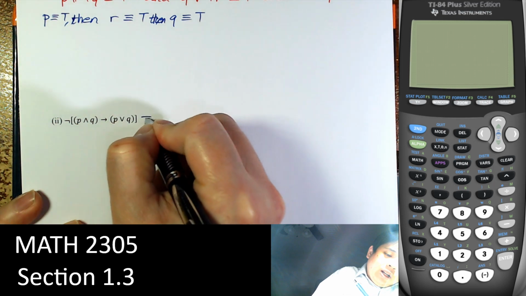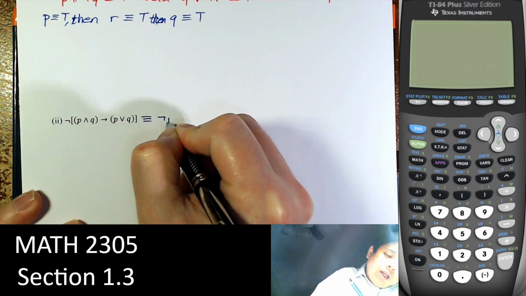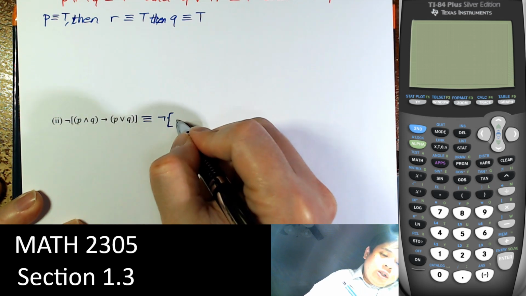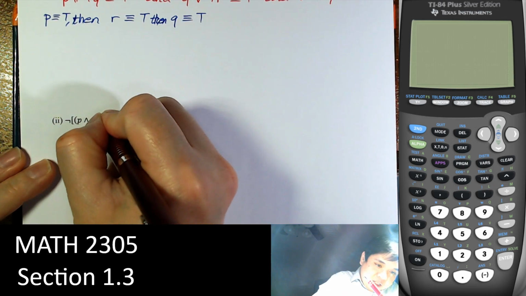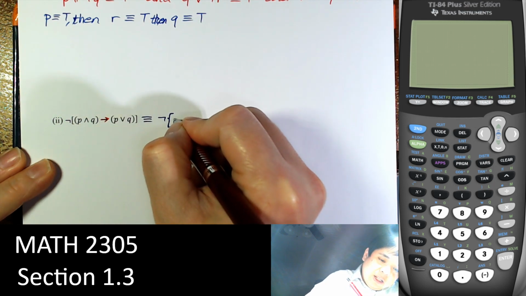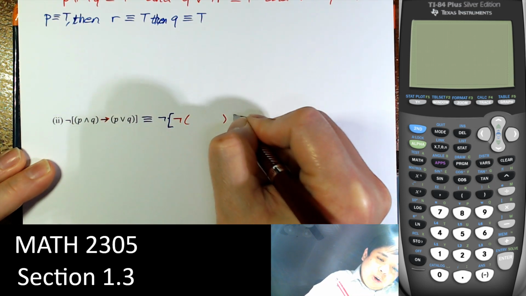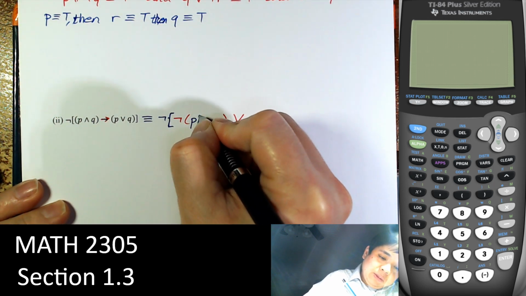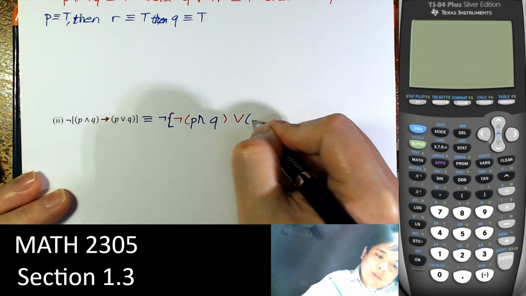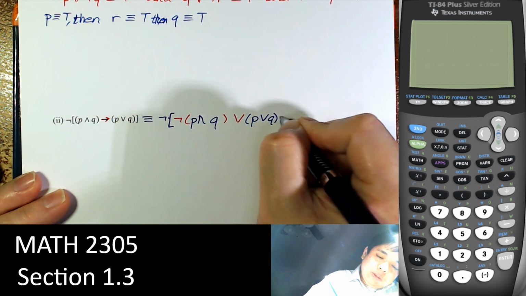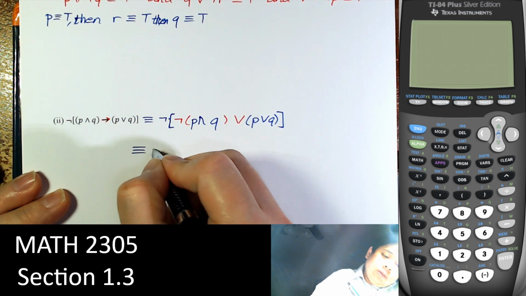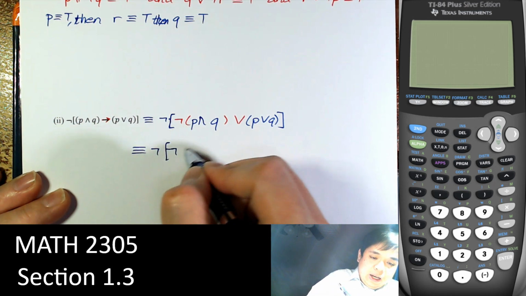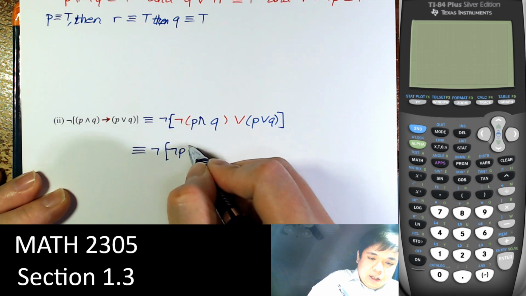So if we rewrite this, since this is conditional, we just write this as not, or, and then this is not P, De Morgan's law.